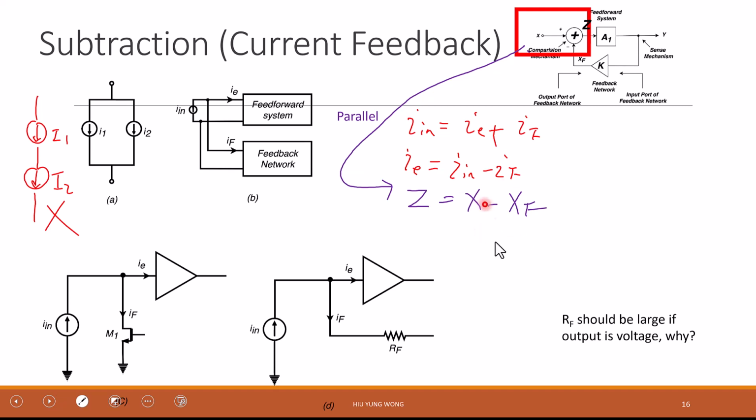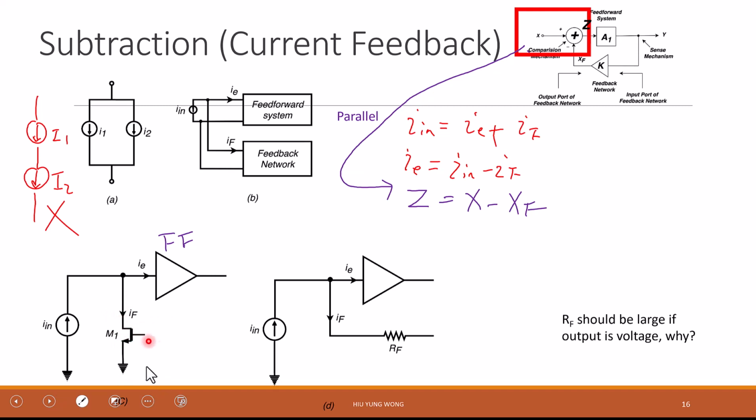Okay, and this is just something that can be confusing, but I want you to pay attention to, right? How do I do current subtraction in reality? This is one case on the left. The current comes to here. It's supposed to go to the feed-forward. This is feed-forward. But then we have a path to steal away the current.